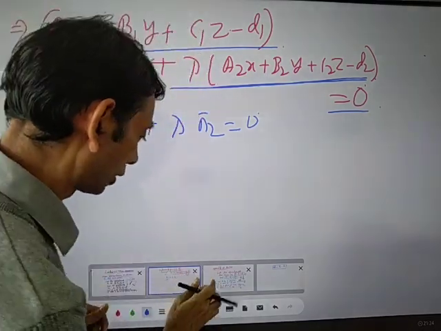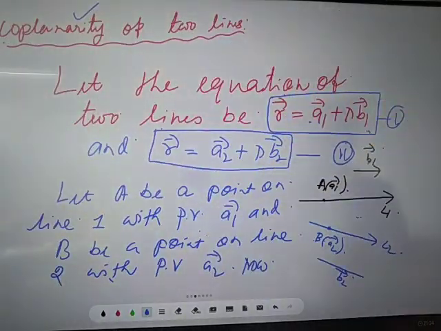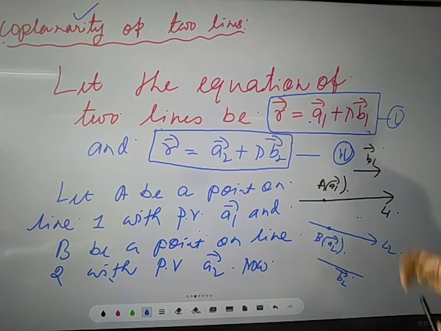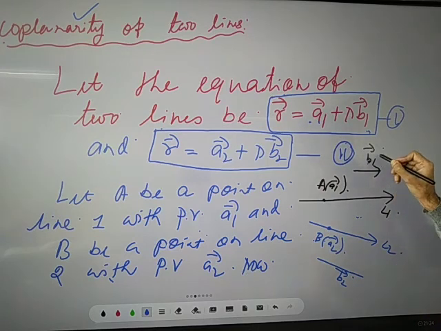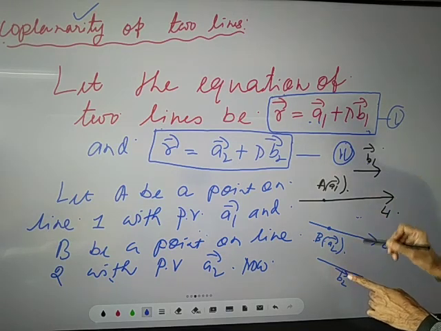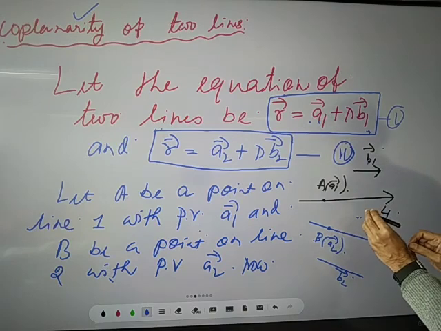If these two lines should lie on this particular plane, then find the cross product of B1 and B2. B1 cross B2 will be a vector which will be perpendicular to this plane.